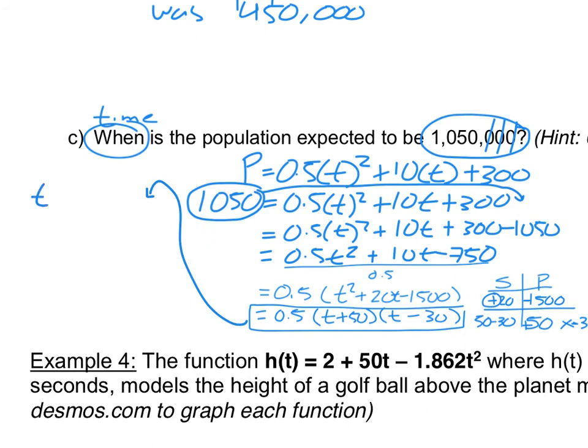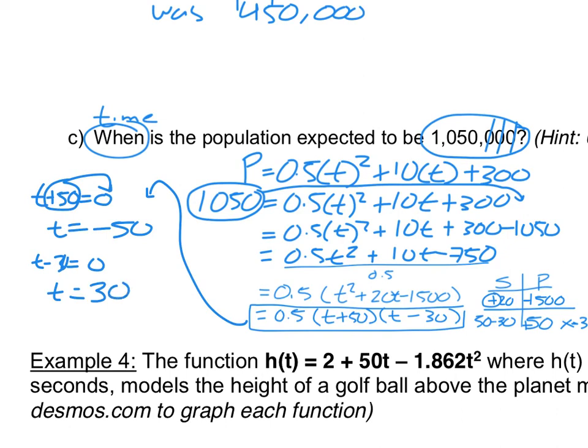So we'll do t plus 50 equals 0, t minus 30 equals 0. We're going to take this positive 50 and bring it over, and it becomes negative 50. We'll take that negative 30 and bring it over, and it becomes positive 30.